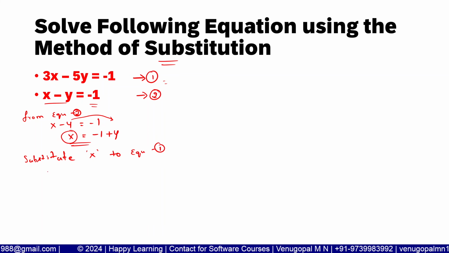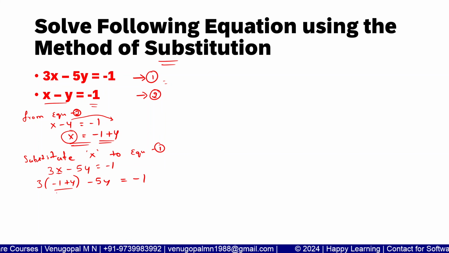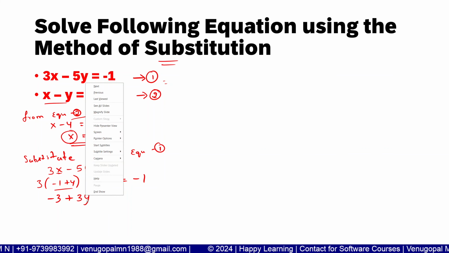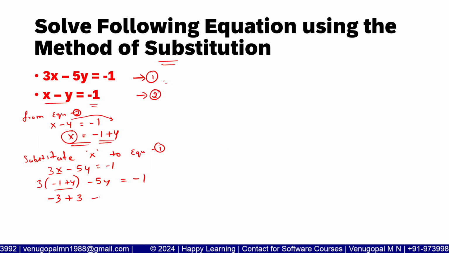Now equation 1 is 3x minus 5y is equal to minus 1, correct? 3 into minus 1 plus y, minus 5y, because instead of x we are assigning this value, is equal to minus 1. So now minus 3 plus 3y, correct, minus 5y is equal to minus 1.